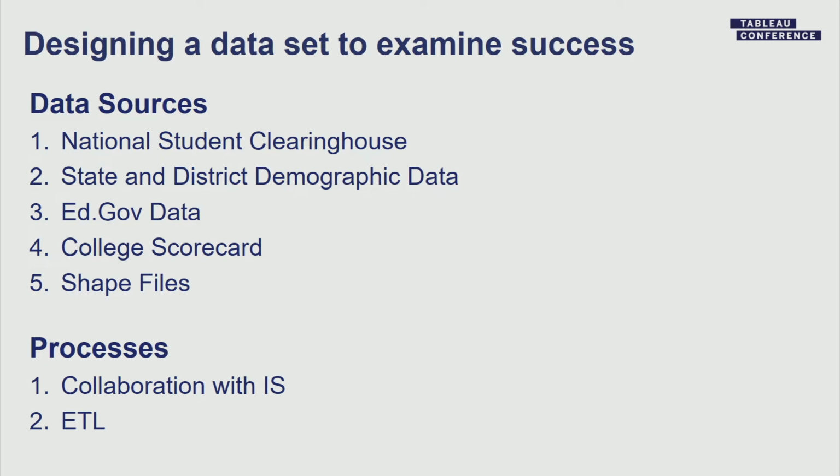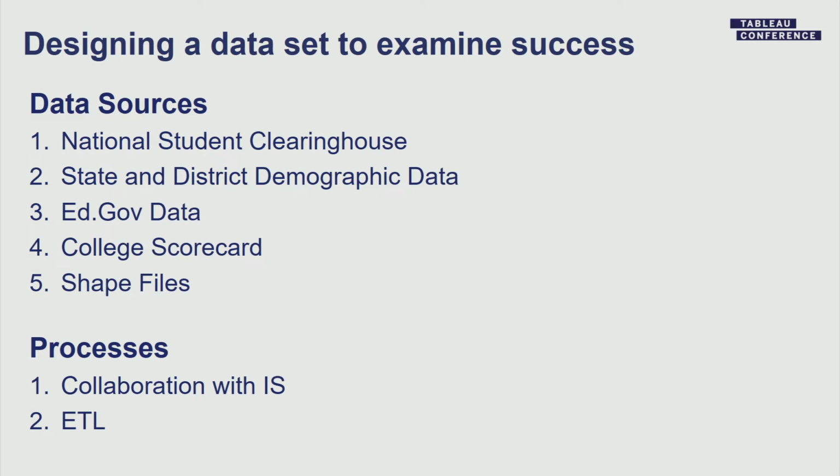So essentially, we took five sources. We took the National Student Clearinghouse data. We combined it with some of our state and district demographics. In the state of Colorado, we have mandated end-of-year reporting to the State Department of Education, and from that I can get demographic information about each and every single student. We have some ed.gov data.